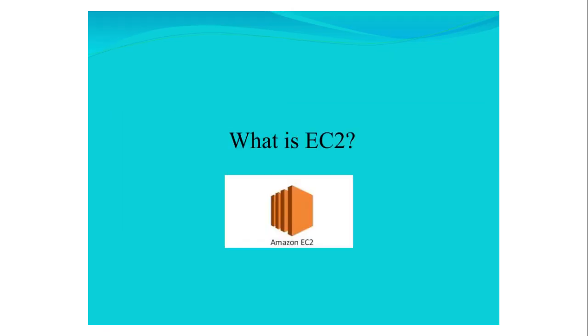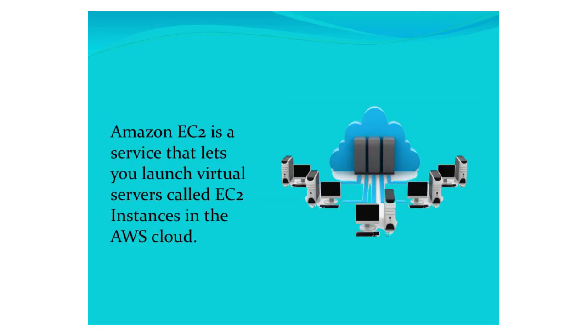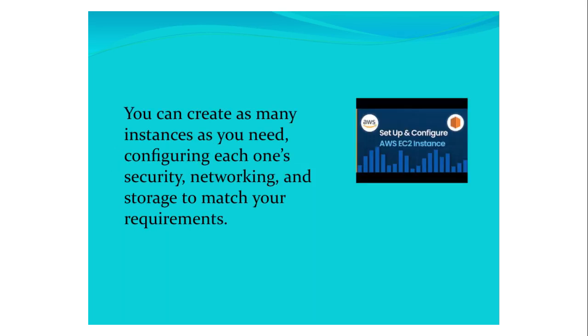What is Amazon EC2? Amazon EC2 is a service that lets you launch virtual servers, called EC2 instances, on the AWS cloud. You can create as many instances as you need, configuring each one's security, networking, and storage to match your requirements.